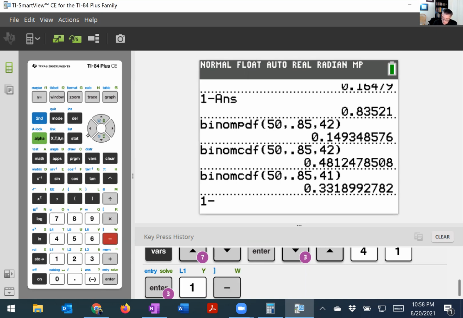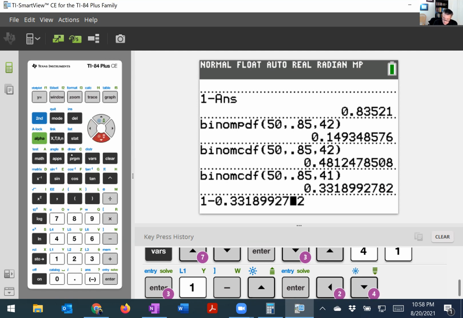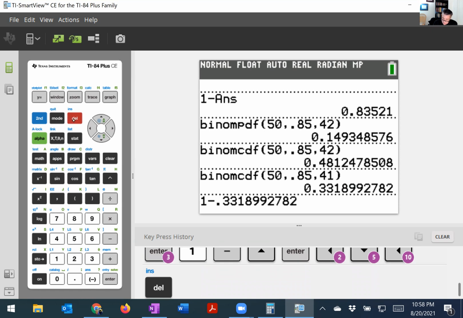Now, I could either go up here and steal it and just copy and paste it, or I could hit the answer key, which is the second negative sign. I'm going to go second negative sign for the answer.